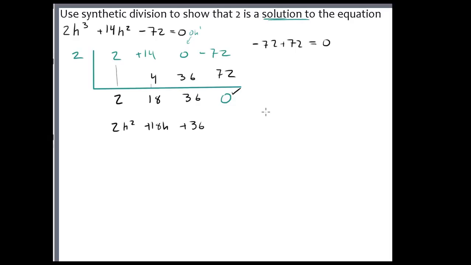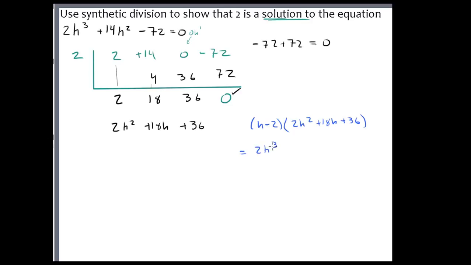Let's check that. 2 is a solution, so that's h minus 2 times 2h squared plus 18h plus 36. Because if we were to make a mistake, we wouldn't get the correct product here.